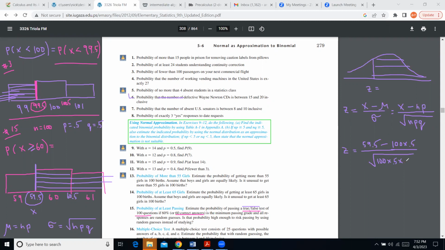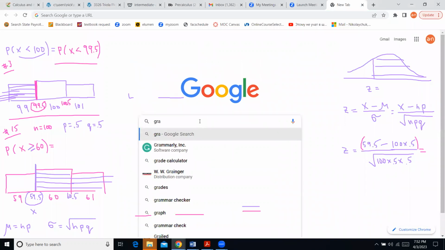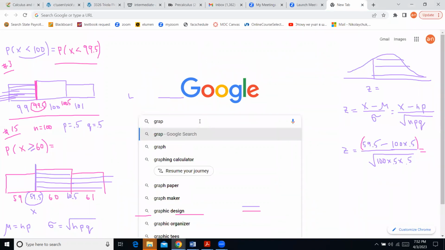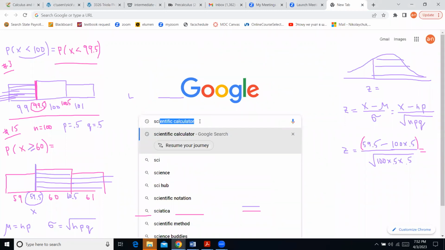Please notice that I let the calculator do all the work for me. I can do this mentally, but what for, if the calculator is not making mistakes? So I just need to go for that favorite scientific calculator, right?